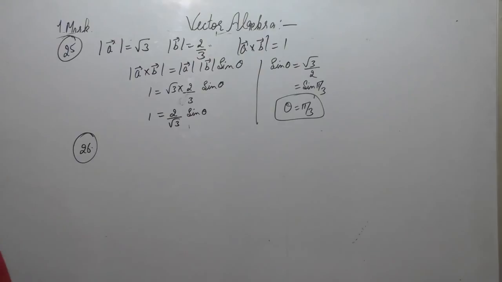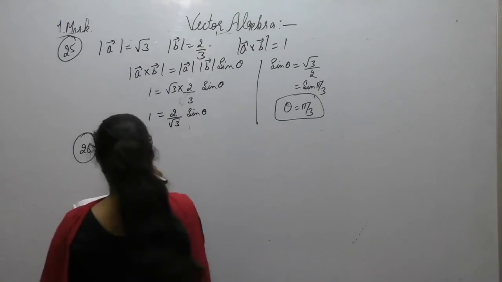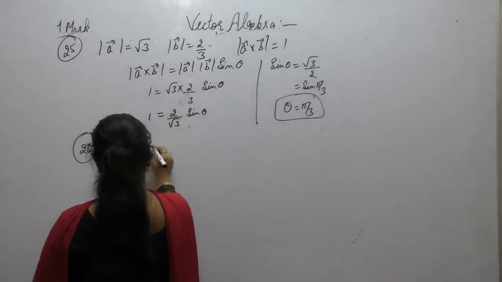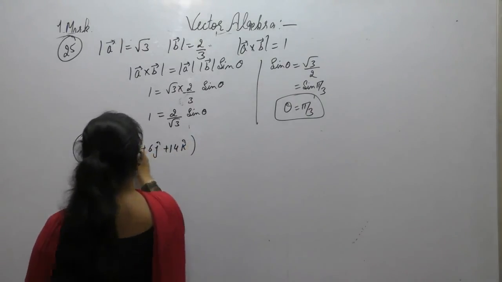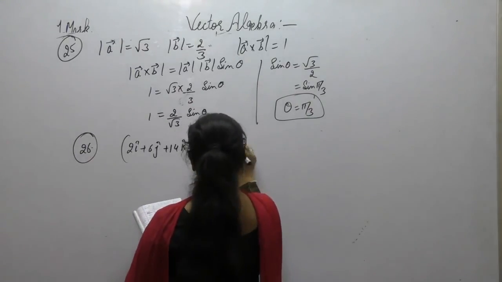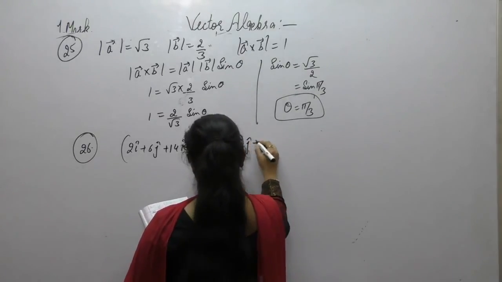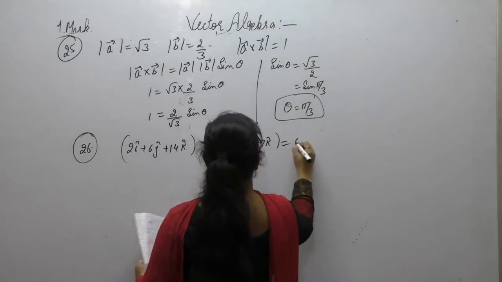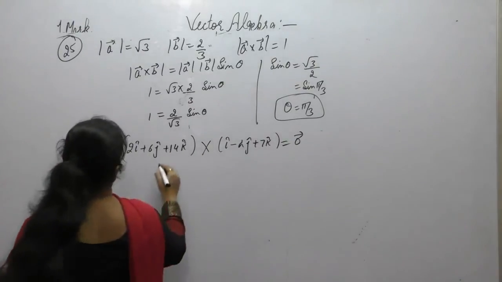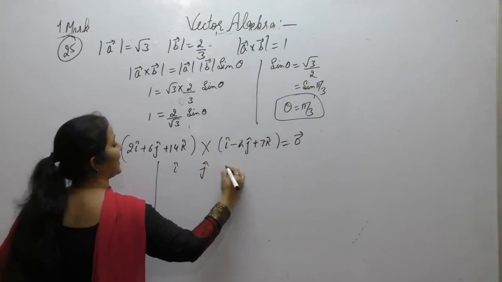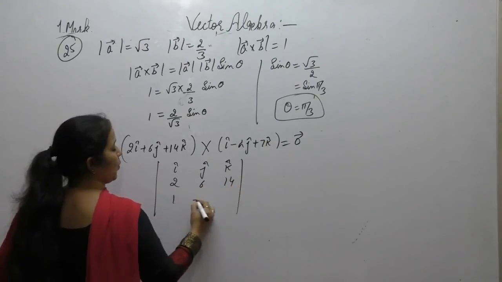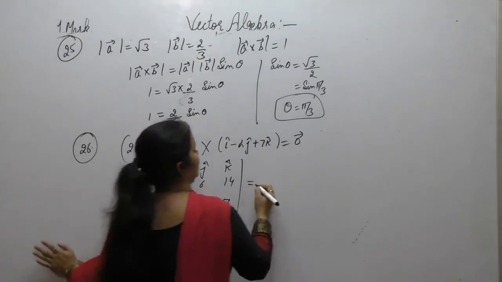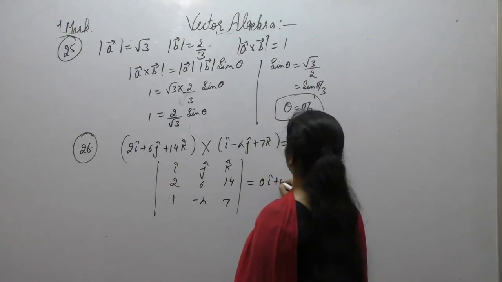Next one, find lambda if the cross product of 2i + 6j + 14k cross i cap minus lambda j cap plus 7k cap is 0 vector. Find the cross product with i, j, k components 2, 6, 14 and 1, minus lambda, 7, equal to 0 vector.